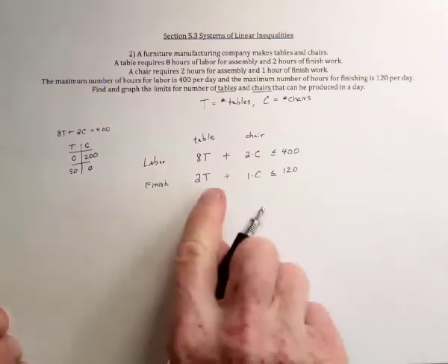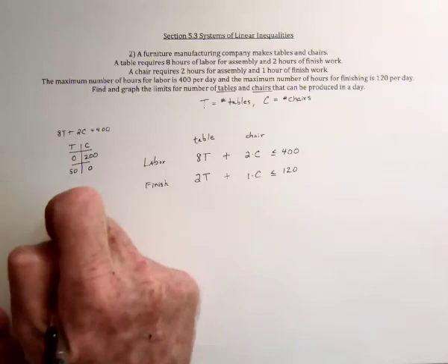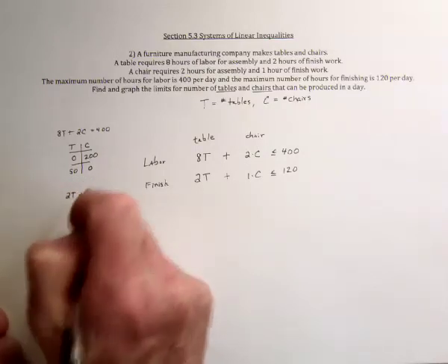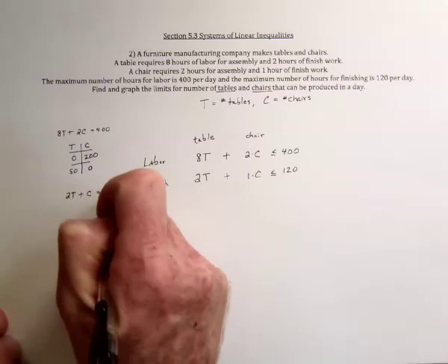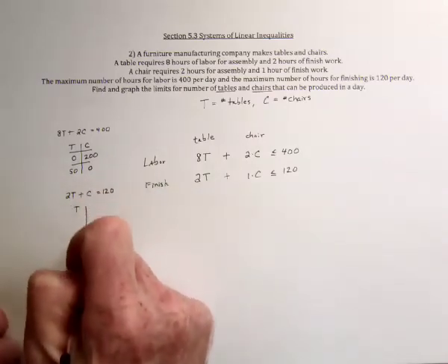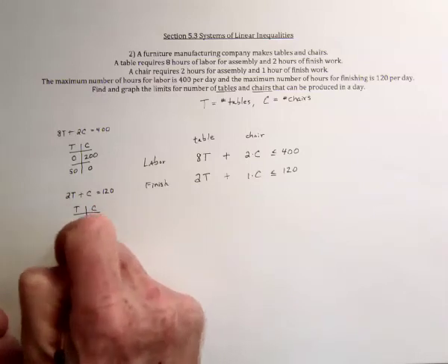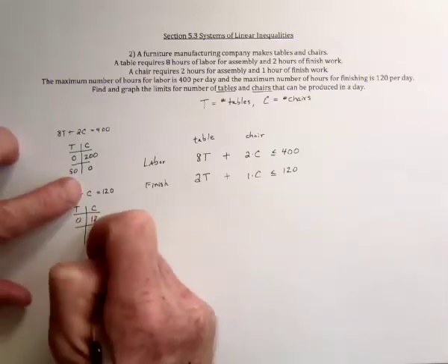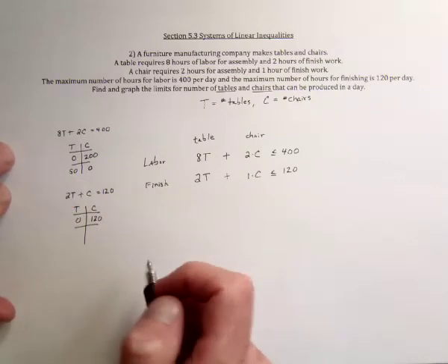And now do the same type of thing with this. So 2t plus c is equal to 120. And if t is equal to 0, then c, number of chairs, would be 120.